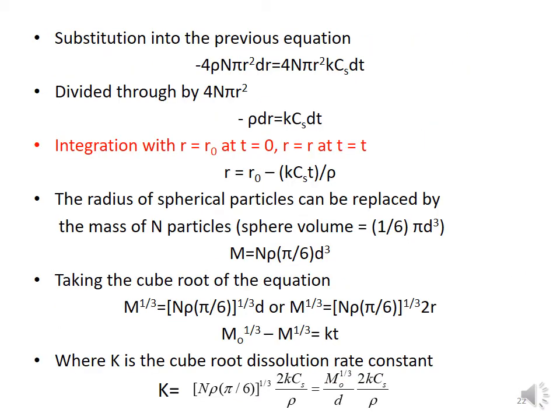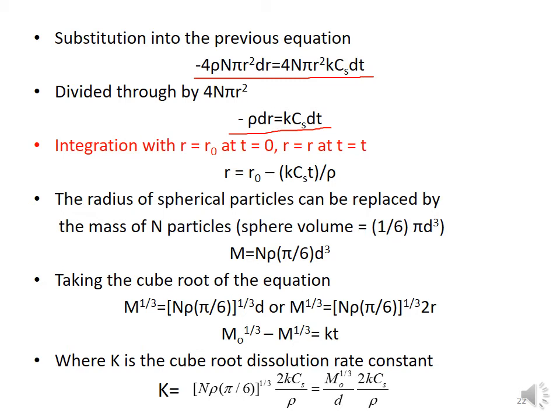If we substitute for dV and S in the previous equation, where dV equals 4 n pi r squared dr and S equals 4 n pi r squared, and divide through by 4 n pi r squared, we obtain minus density multiplied by dr equals k Cs multiplied by dt.